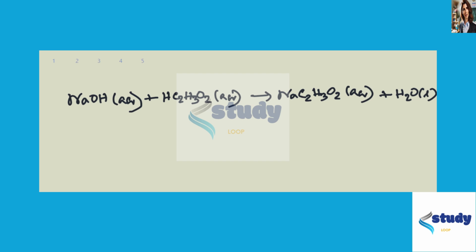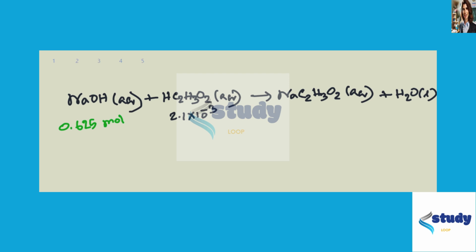So now our initial number of moles of the acetic acid is 2.1 times 10 to the power minus 3. Now we are adding 0.625 mole base.